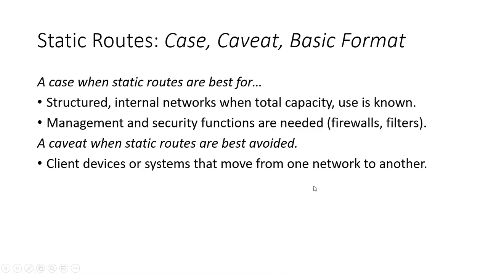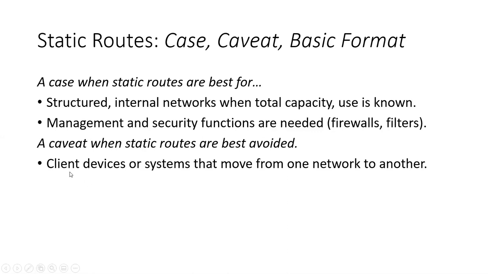If you have a device that isn't going to move, let's say a large work group printer that's actually a photocopy machine, a network device that's not going anywhere, you need a forklift to move this thing. That's an ideal case for a static route.